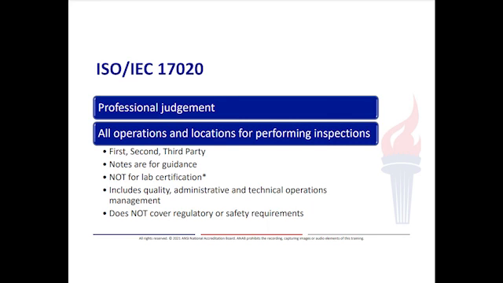Now, 17020 may be defined as first party, second party, or third party inspection. It includes the quality, administrative, and technical operations and management. And again, just like 17025, it does not cover regulatory or safety requirements.